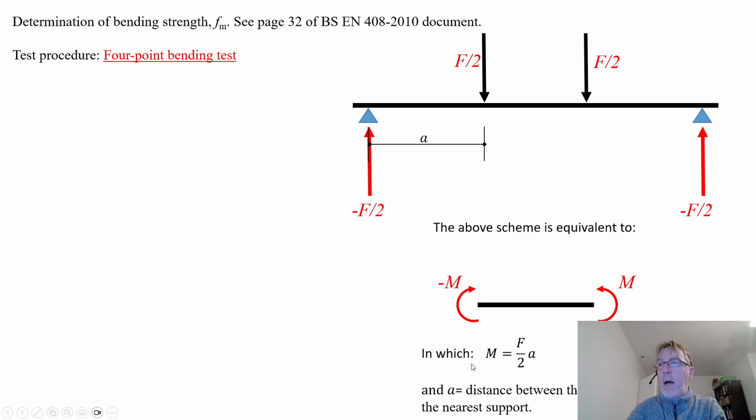Okay, so therefore we would have the moment would equal the force divided by 2 multiplied by that distance A. And that is just the distance from here to here.